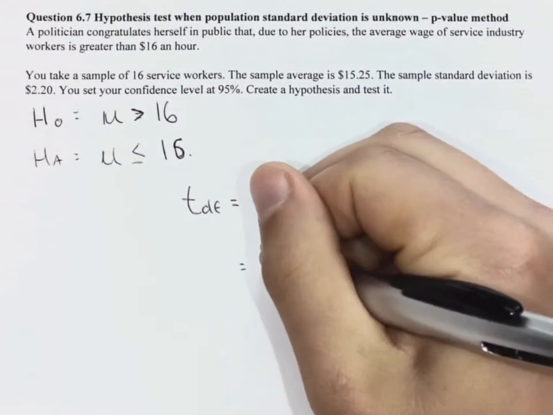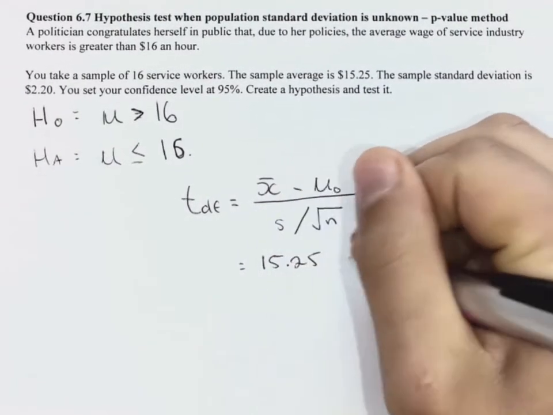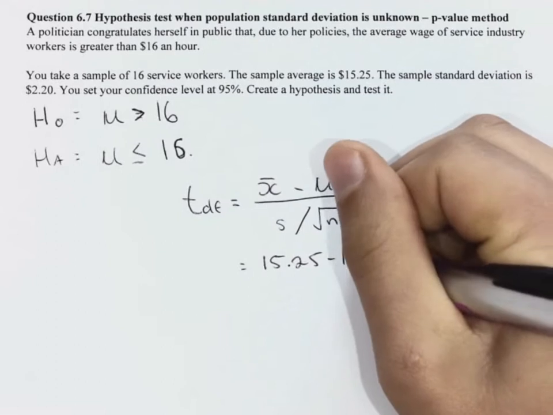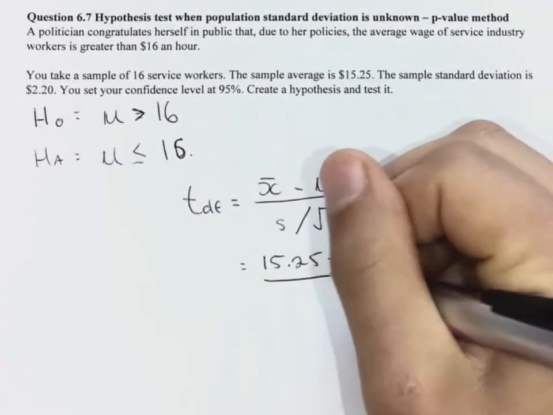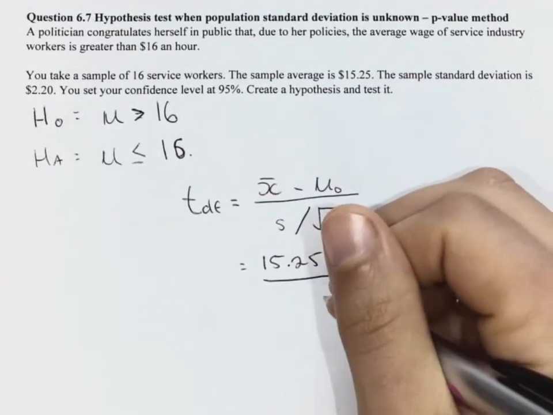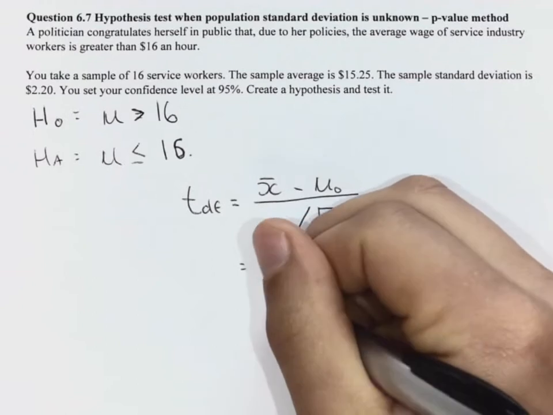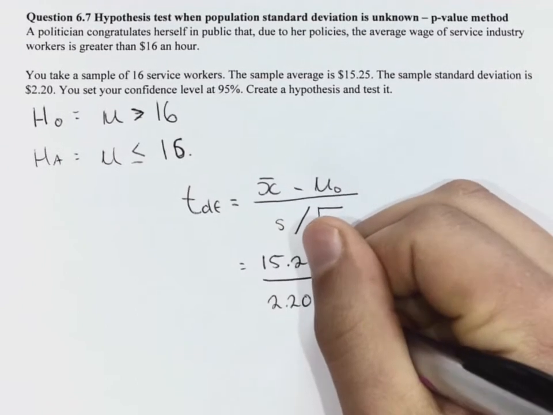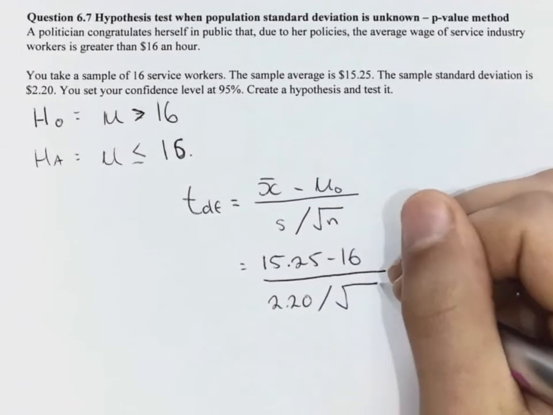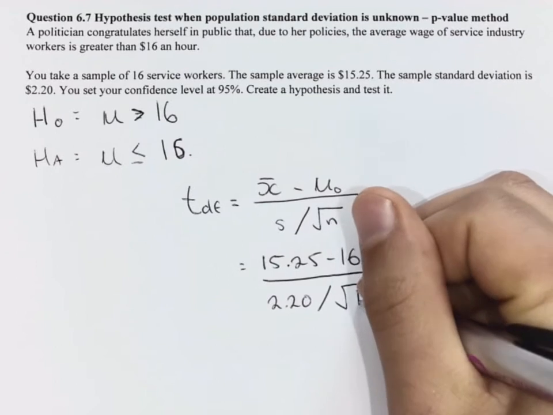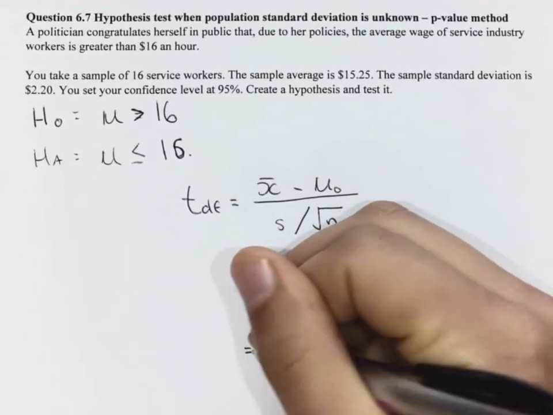Our sample average 15.25 less our hypothesis average of 16, divided by our sample standard deviation of 2.20, divided by the square root of our sample size of 16.